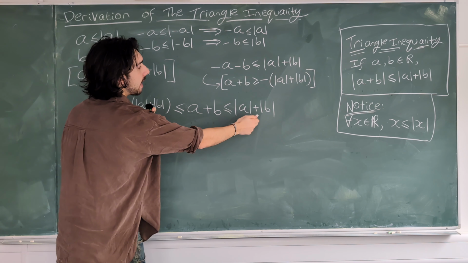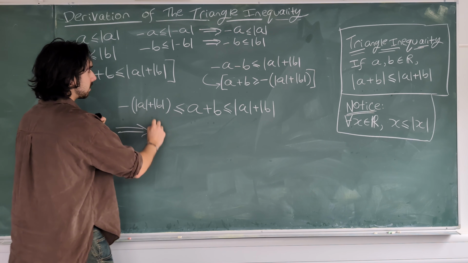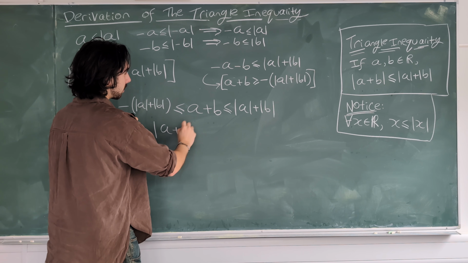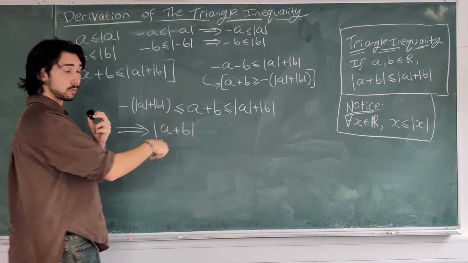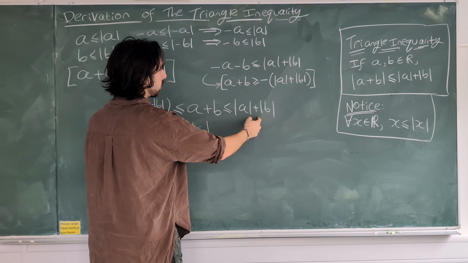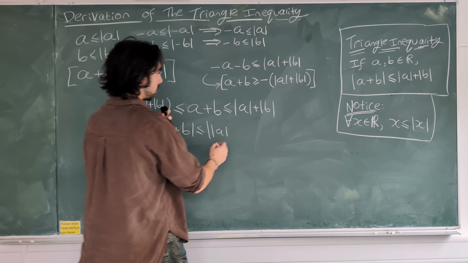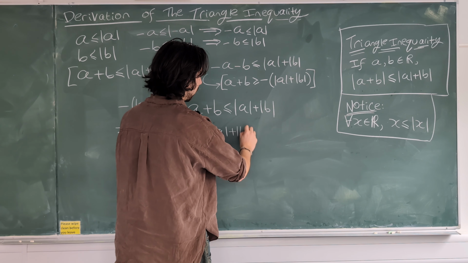then the absolute value of it is less than or equal to the absolute value of this. So this directly implies that the absolute value of a plus b, so this middle thing but with the absolute value on it as well, is less than or equal to the absolute value of this thing here: the absolute value of a plus the absolute value of b.